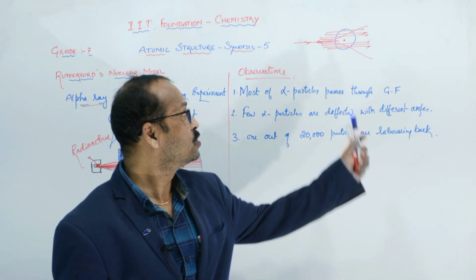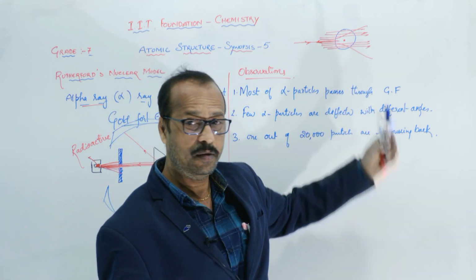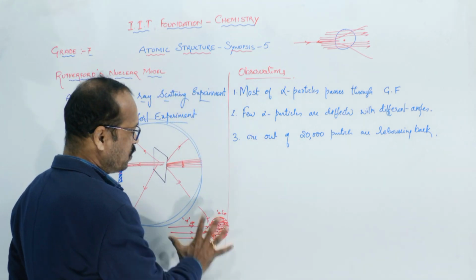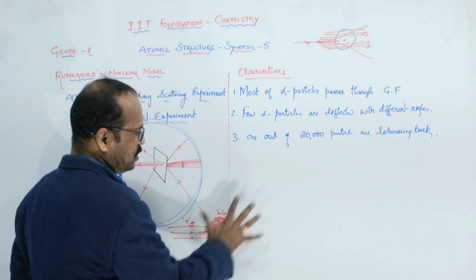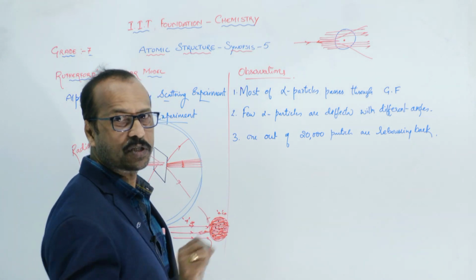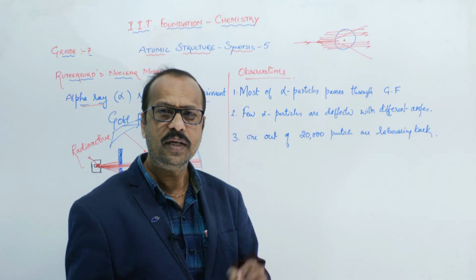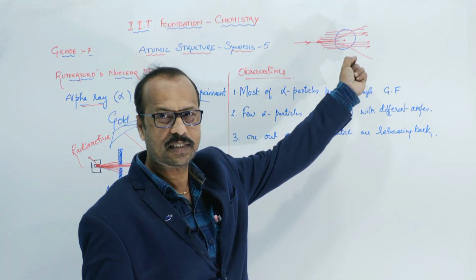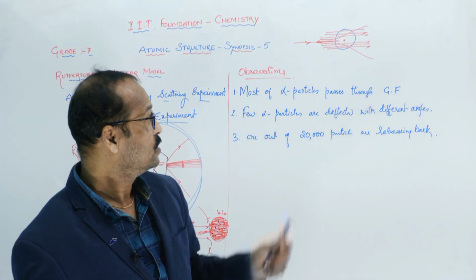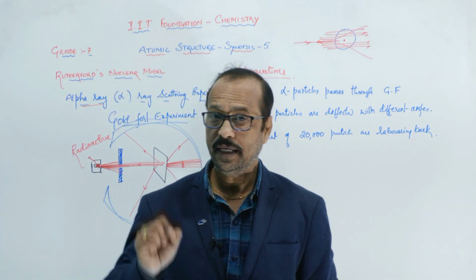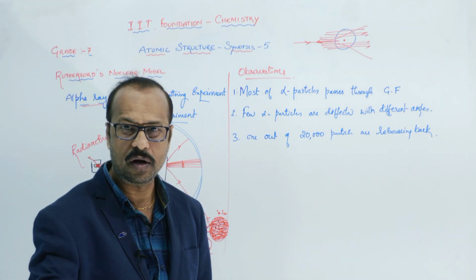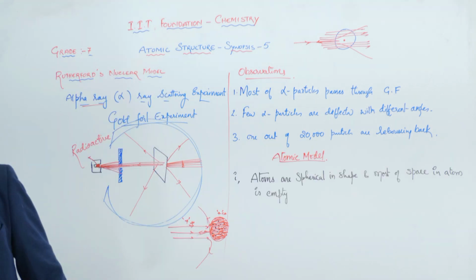Thomson had said the positive charge is distributed throughout the atom. No. Here positive charge is present only at the very center, in a very small region. He gave the name nucleus to that center region.